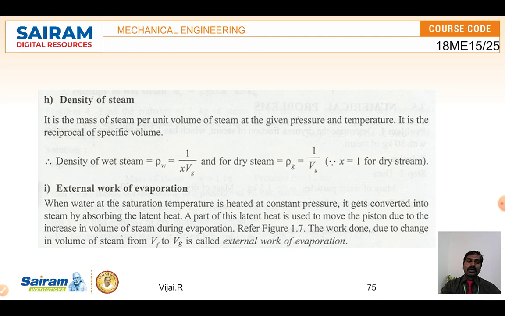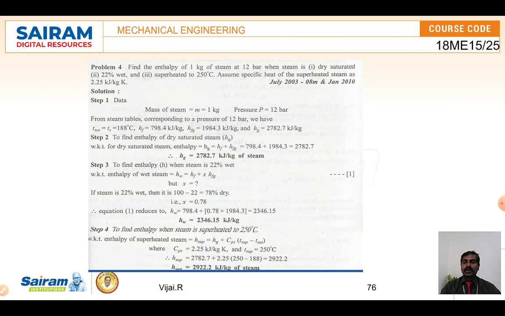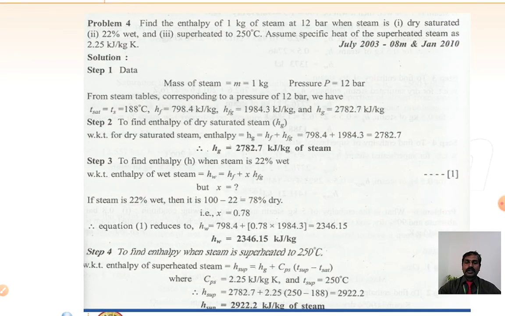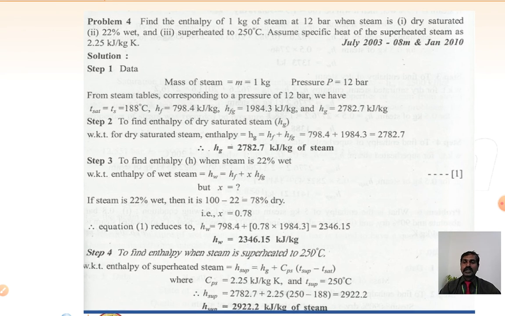So this is what we are going to cover in this portion. In the problem, we have to find the enthalpy of the steam, that is hf, hfg, hg and h super. Here we are finding the enthalpy of 1 kg of steam at 12 bar pressure. We have to find the enthalpies at different stages.